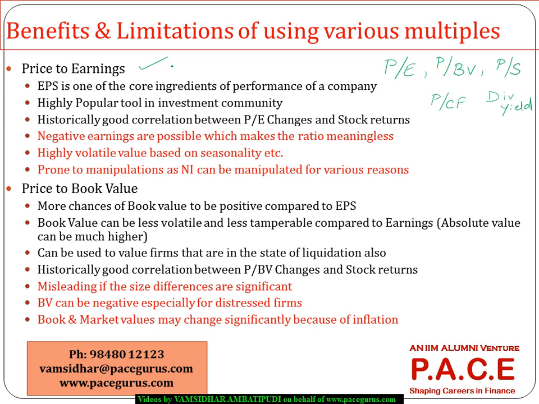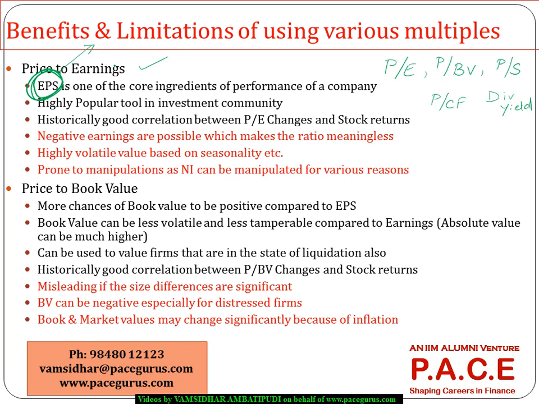When I look at the price to earnings ratio, probably in the investor community, EPS is one key parameter which is targeted very heavily by all the analysts. One key parameter which everyone would like to track is the earnings per share of the company.